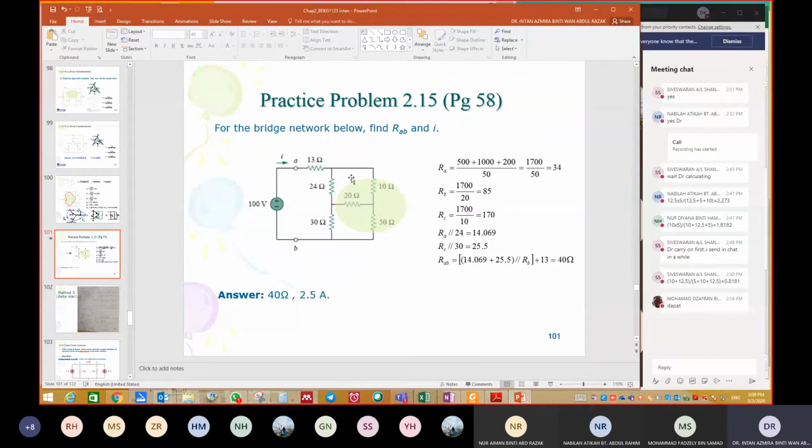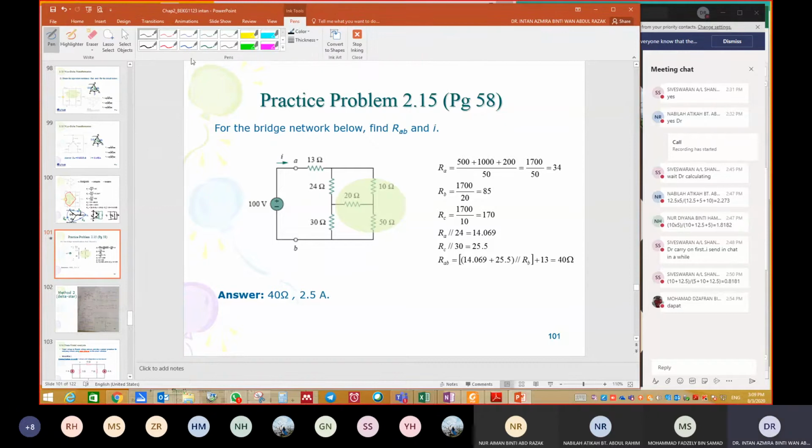This is conversion of star to delta. So this is the star, and our delta is here.